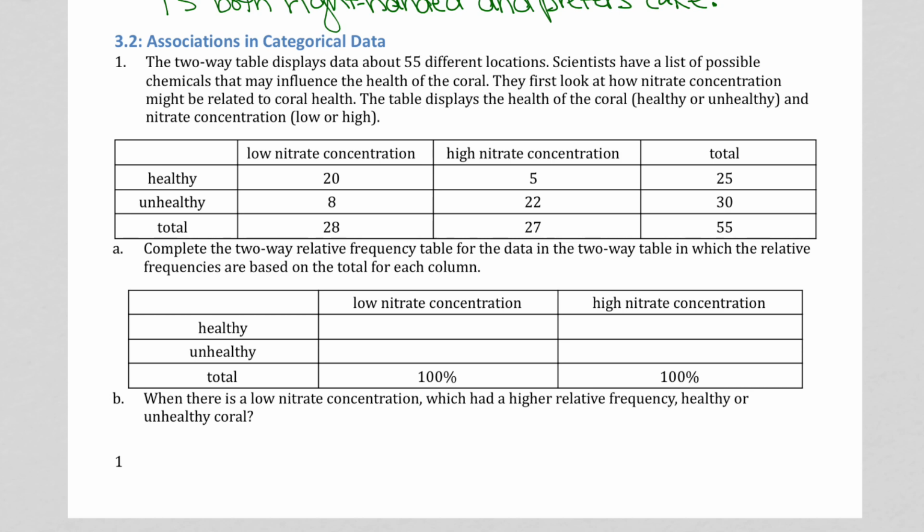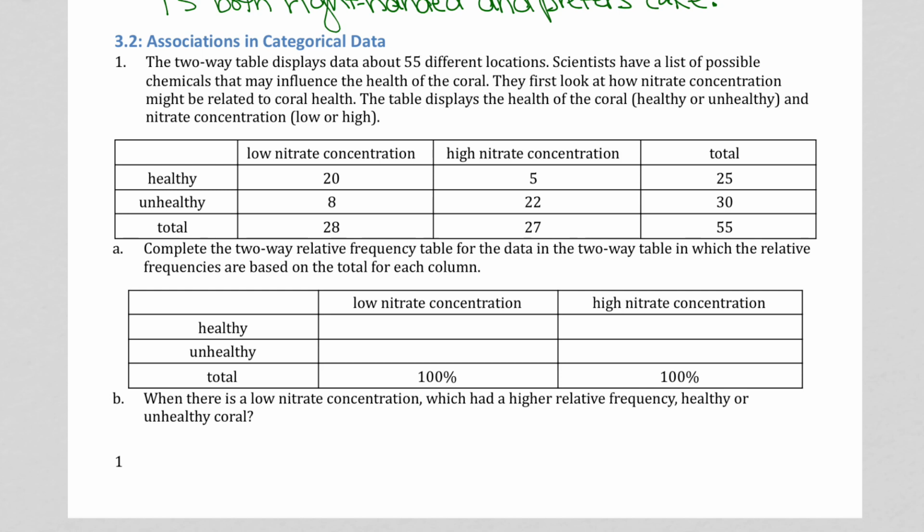The table displays the health of coral, healthy or unhealthy, and nitrate concentration, low or high. So we have all of this data here, and we're going to complete the two-way relative frequency table in which the relative frequencies are based on the total for each column.